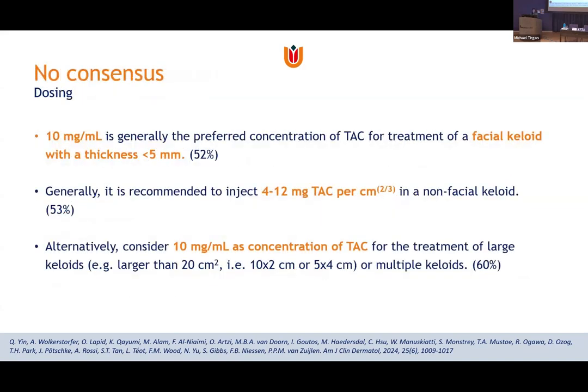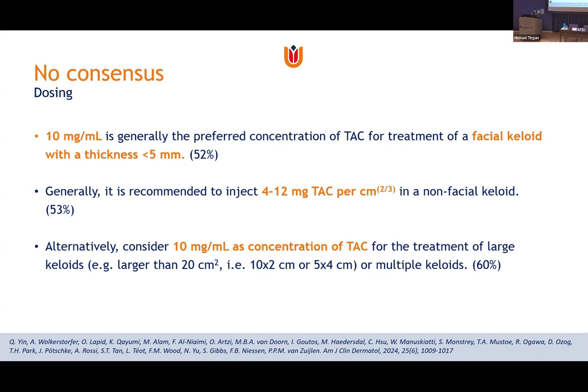On some points, no consensus could be reached. First of all, the dosing per specific area in keloids. And this was mainly because no consensus could be reached on how to determine the keloid size. Is that per square centimeters or per cubic centimeters? And more importantly, in clinical practice, when there are time constraints, how to measure the size.